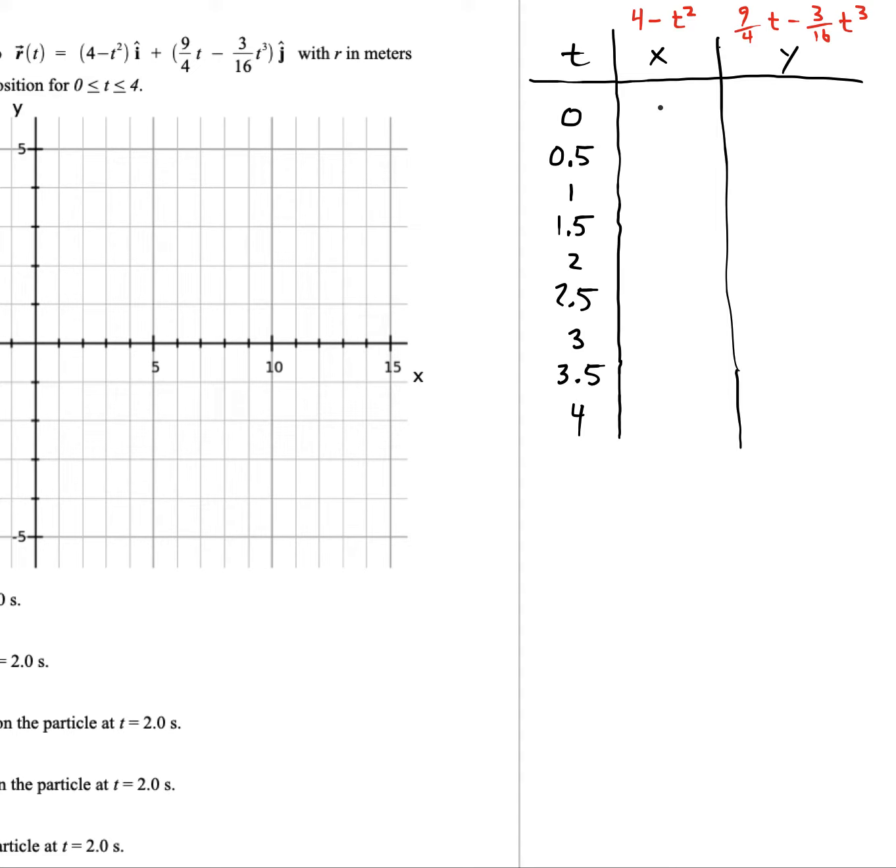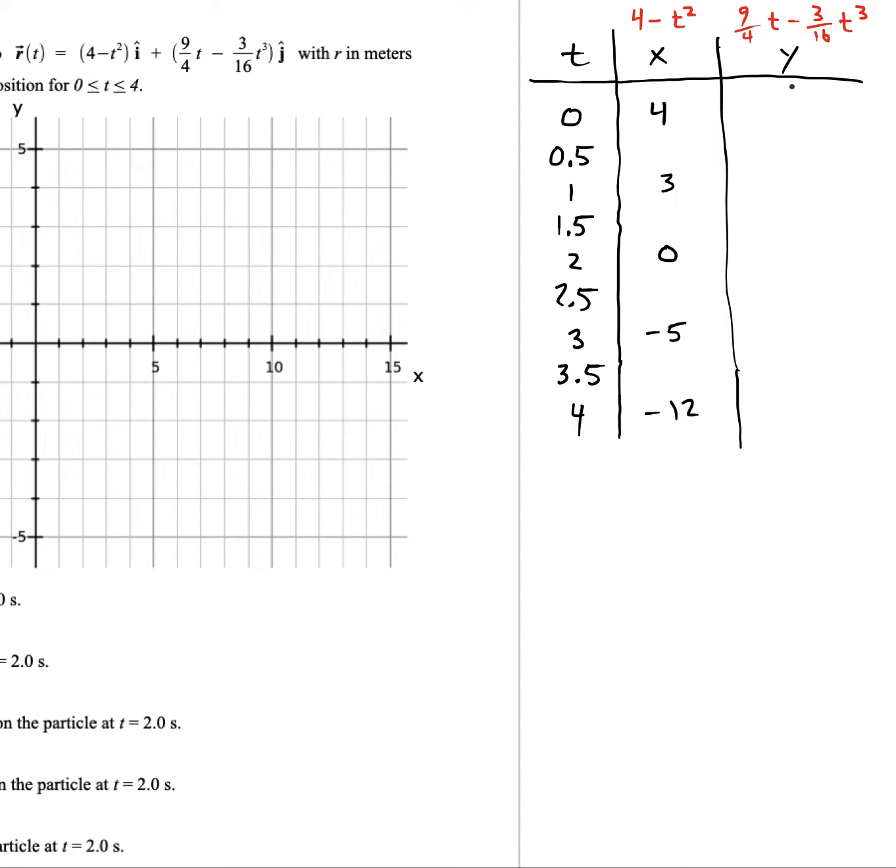Alright, so for my x here, we would get 4 to start. Then if we plug in a 1, we get 3. If we plug in a 2, we would have 0. And if we plug in a 3, we'd have 4 minus 9, which is -5. And then a 4 will make -12, it looks like.